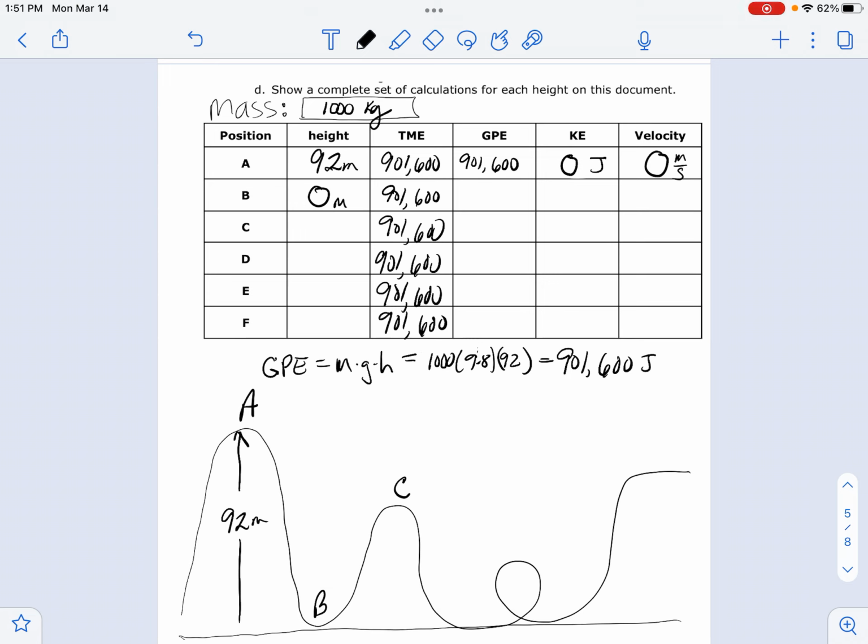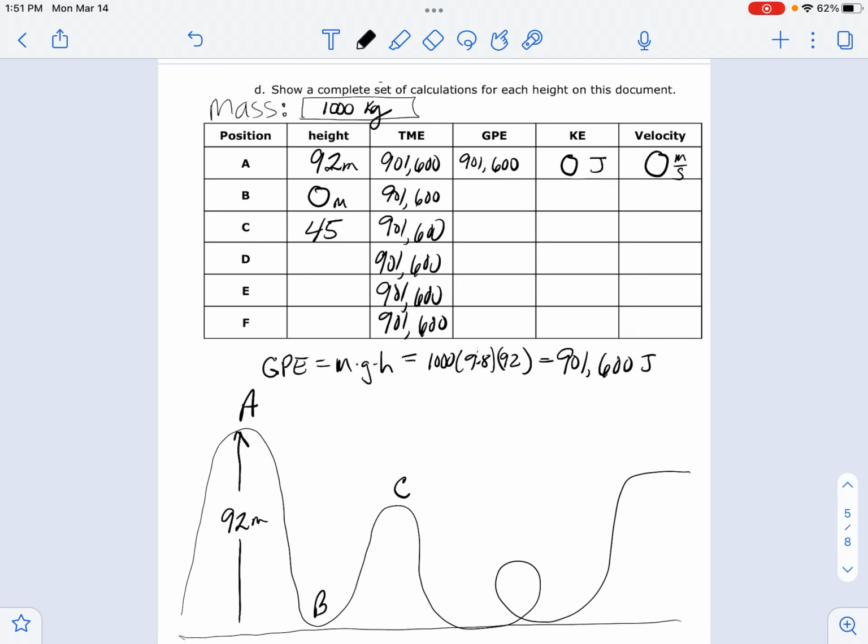So I'm going to put some other heights in here. If this is 92, I'm going to say that this other one, point C, is about halfway down. I'll call it like 45. It doesn't have to be perfect, and you can pick any other heights. I'm going to just do these 3 points to show you how to get started.